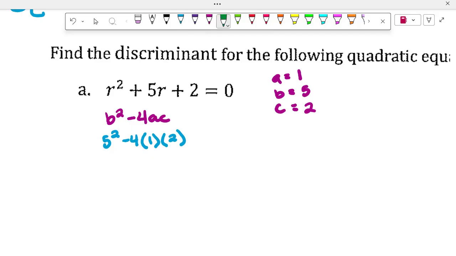And we're just going to do some simplifying. What's 5 squared? 25. What's negative 4 times 1, times 2? Negative 8. 25 minus 8 is 17. So my discriminant is 17. Based off of that answer, first off, is it positive, negative, or 0?